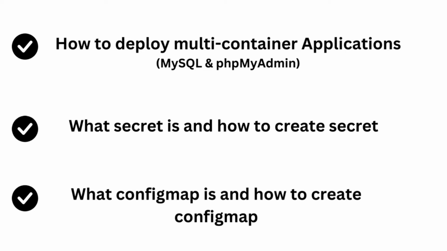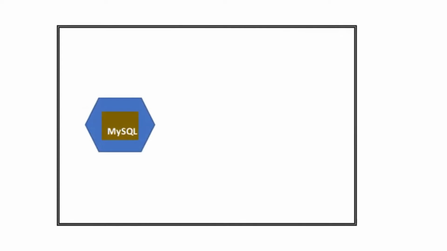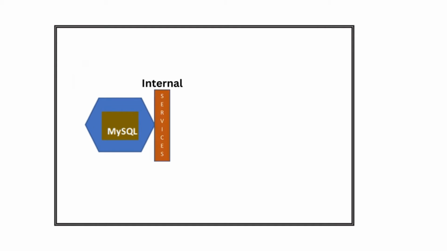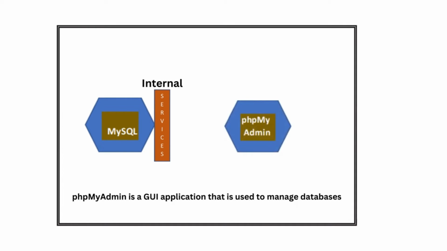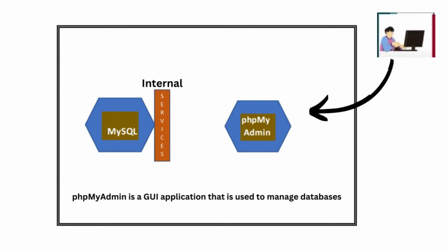We're going to deploy the MySQL database server first, and because we don't want to expose our database to the outside world, we are going to create an internal service for MySQL, after which we will deploy the PHPMyAdmin front-end application that we're going to use to manage MySQL. And since PHPMyAdmin is front-end and we need to interact with it from the browser, we're going to create an external service for PHPMyAdmin.